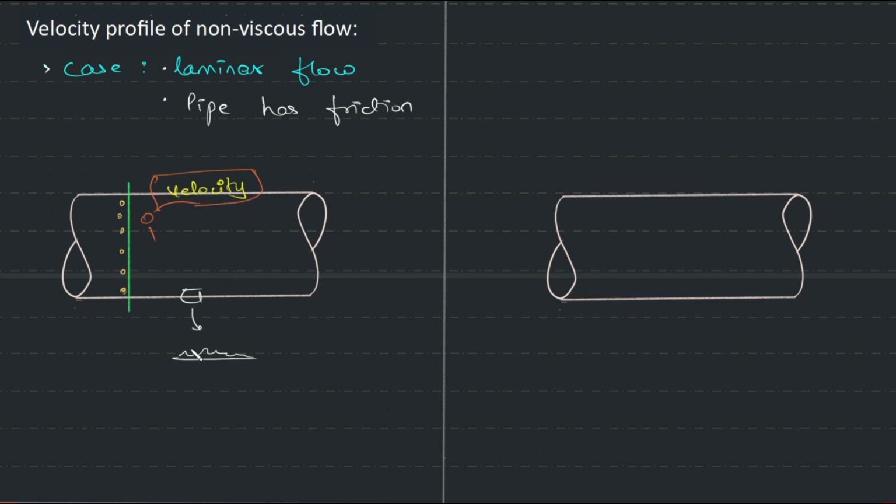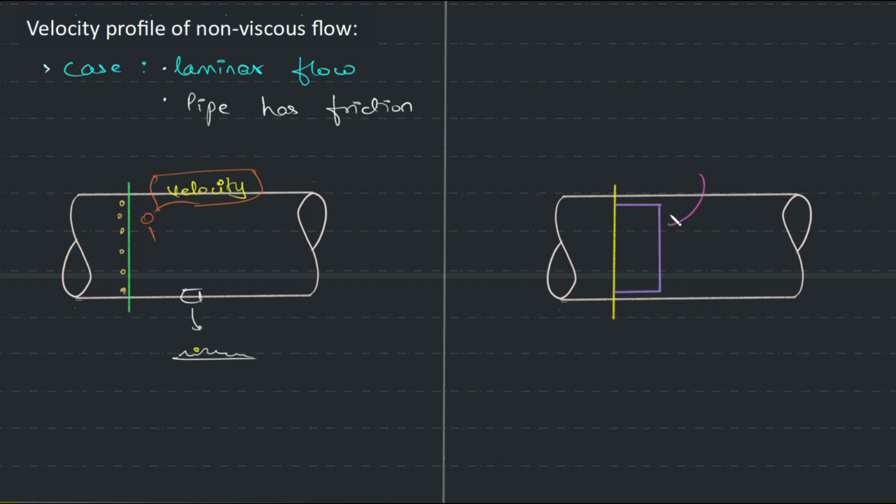The thing is, because of the friction, some of the particles on the edges will end up with zero velocity, while others need not. So basically, my velocity profile might look something like this. This is a hypothetical situation.